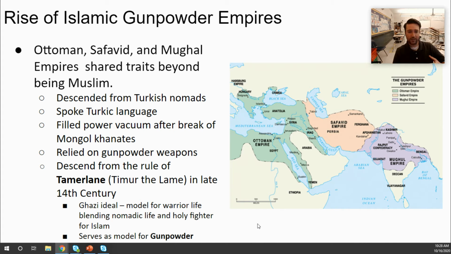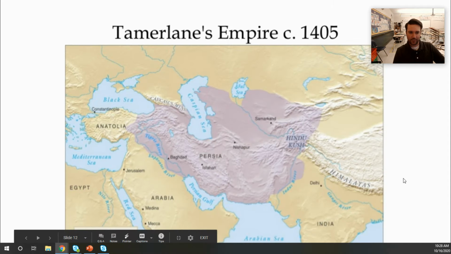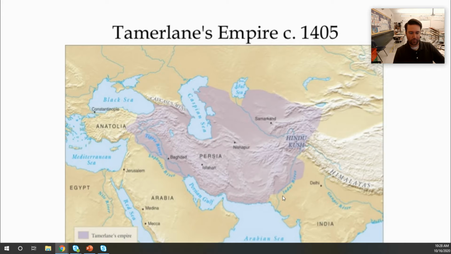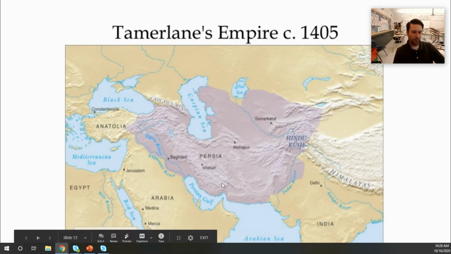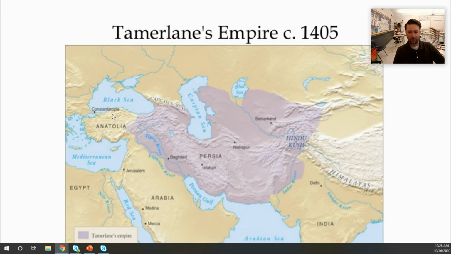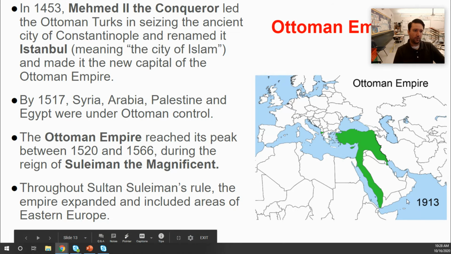Because of Tamerlane's empire, he also serves as a model of how the gunpowder empires are going to operate. So here's Tamerlane's empire, and you can see it expands a good deal into parts of India, mostly Persia, the Middle East, and even parts of what is now modern-day Turkey, a territory we can refer to as Anatolia.